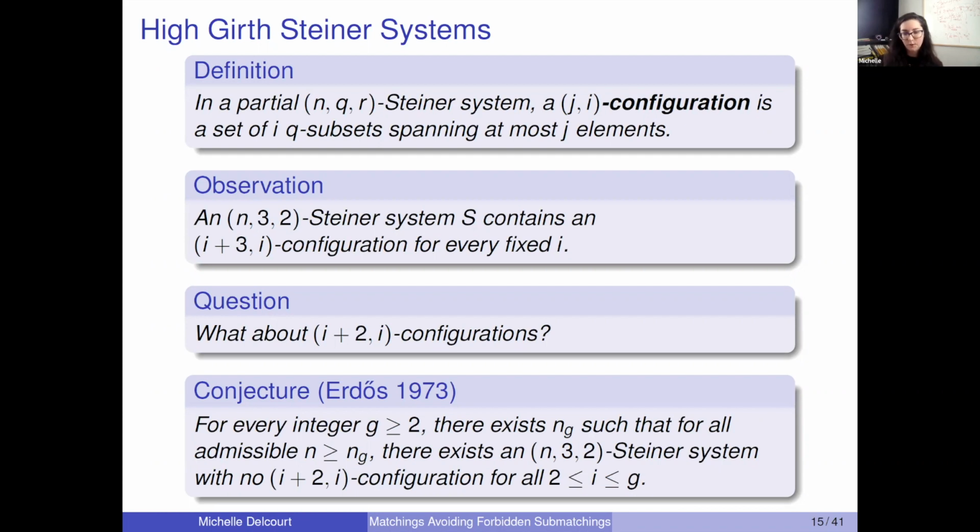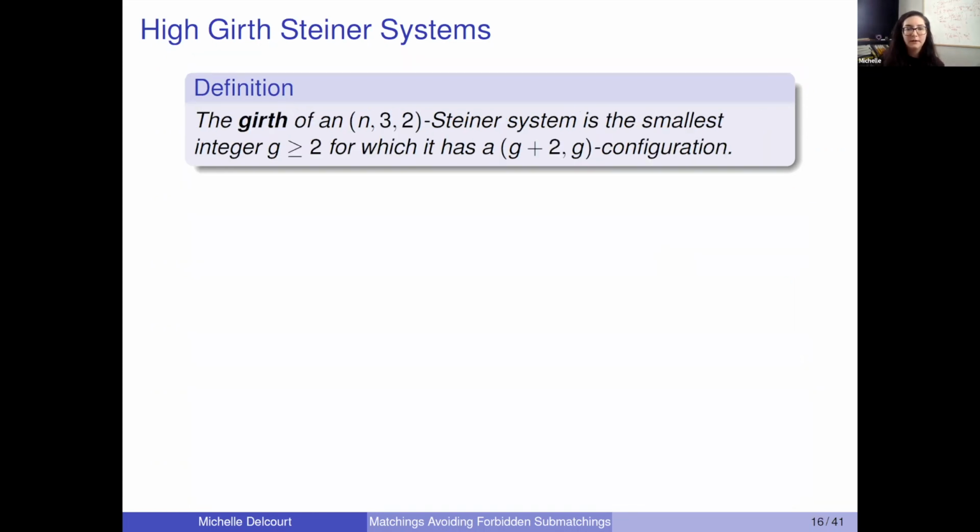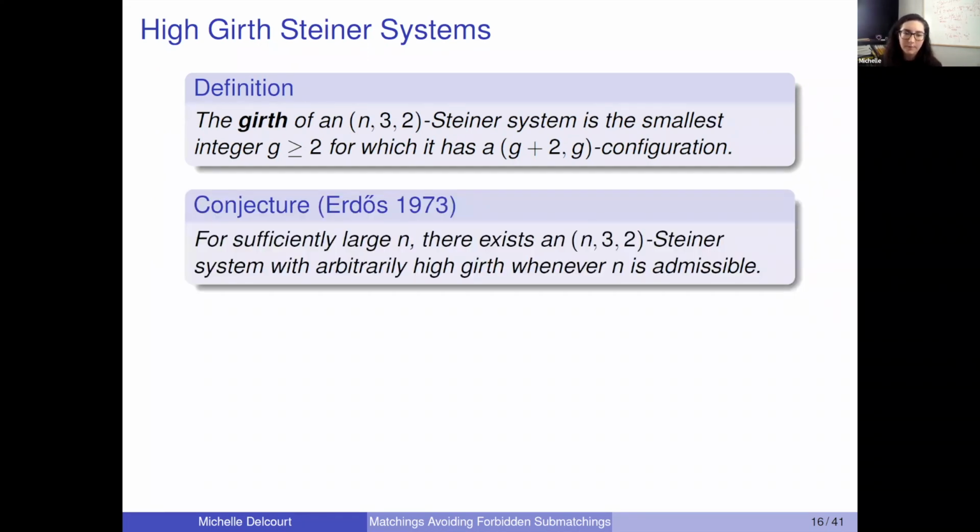So let me introduce a concept of girth in a Steiner system. So let's say that the girth of a Steiner system is the smallest G for which it has a G plus 2G configuration. In this context, Erdős is asking, provided we're admissible for n sufficiently large, we would like to find a triple system with arbitrarily high girth.